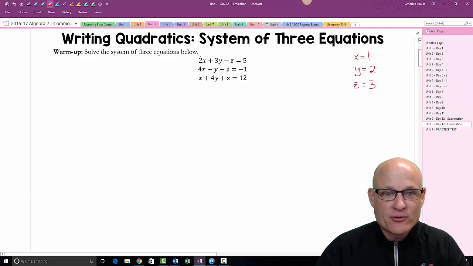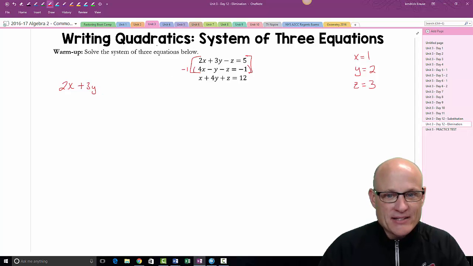Now here's how we're going to do this. We're going to take a look at these. Now I think z looks like it's probably the easiest to get rid of. So I'm going to multiply this one through by -1. Just the second equation, this one right here. So I've got 2x plus 3y minus z equals 5. Now remember, we want a pair of opposites.